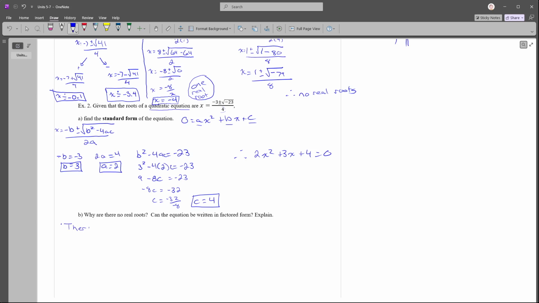There are no real roots because the square root of negative 23 is not a real number, and therefore unsolvable.